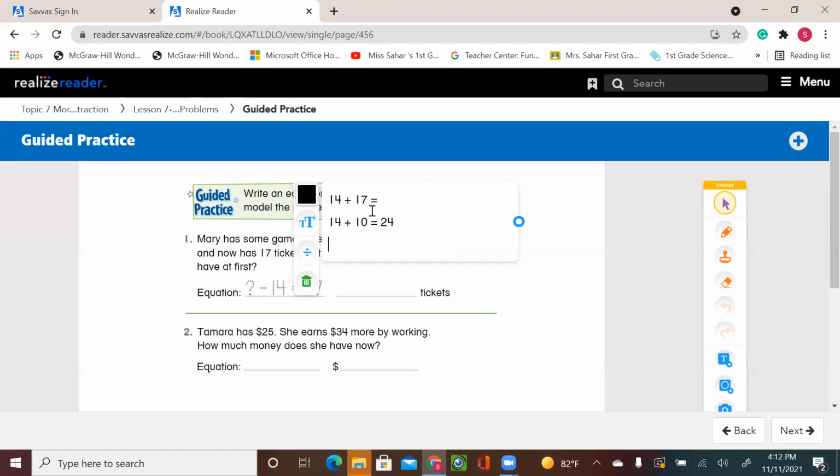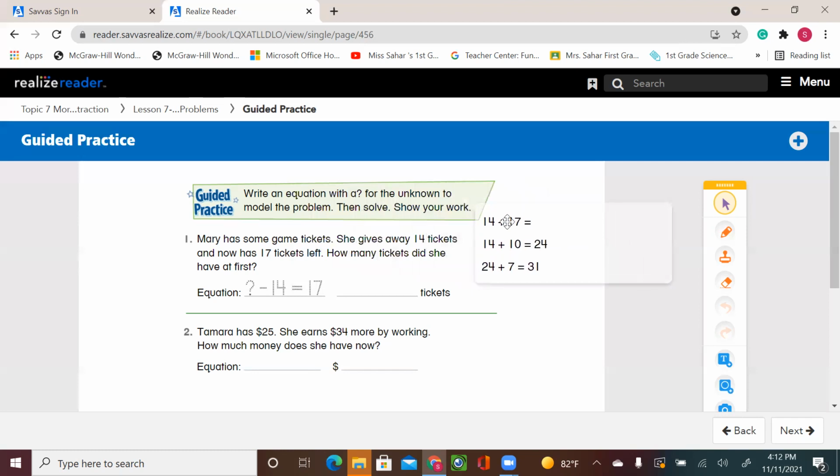Very good. Now I'm going to add 24 plus 7, the ones I have here. I can break it into 4 and 3, or I can just add 7. So I know that 24 plus 7 equals 31.